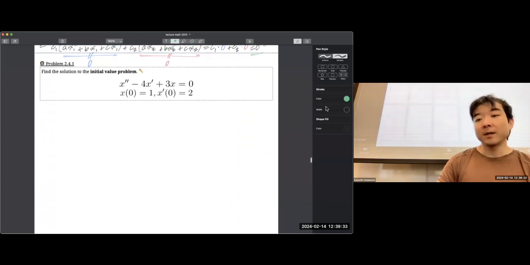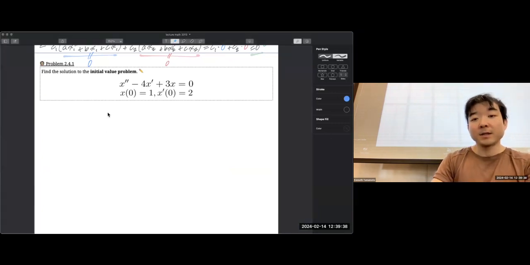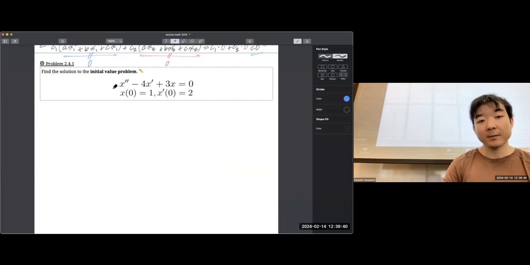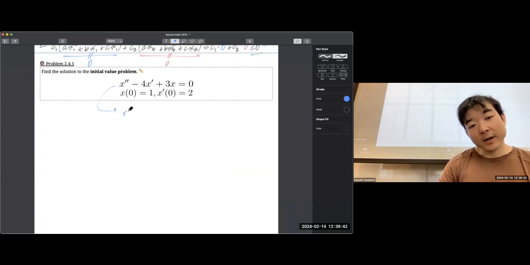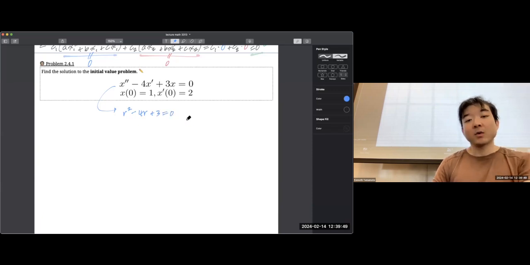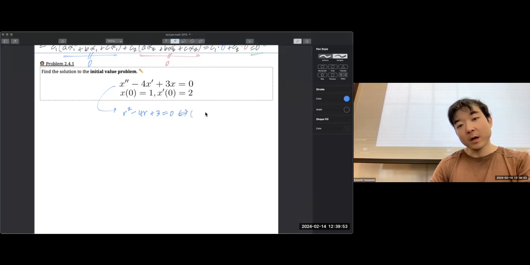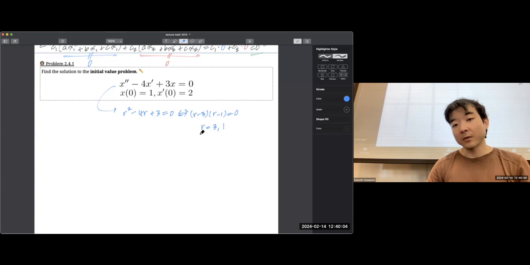So for this one, the characteristic equation is going to be r squared minus 4r plus 3 equals 0. This can be factored to r minus 3 and r minus 1 equals 0. Therefore, you get two solutions: 3 and 1 for your roots.